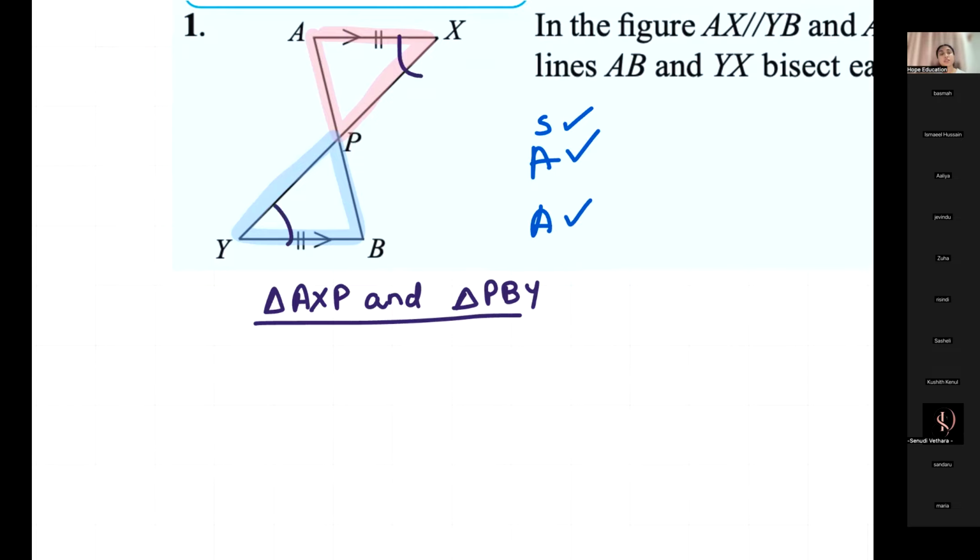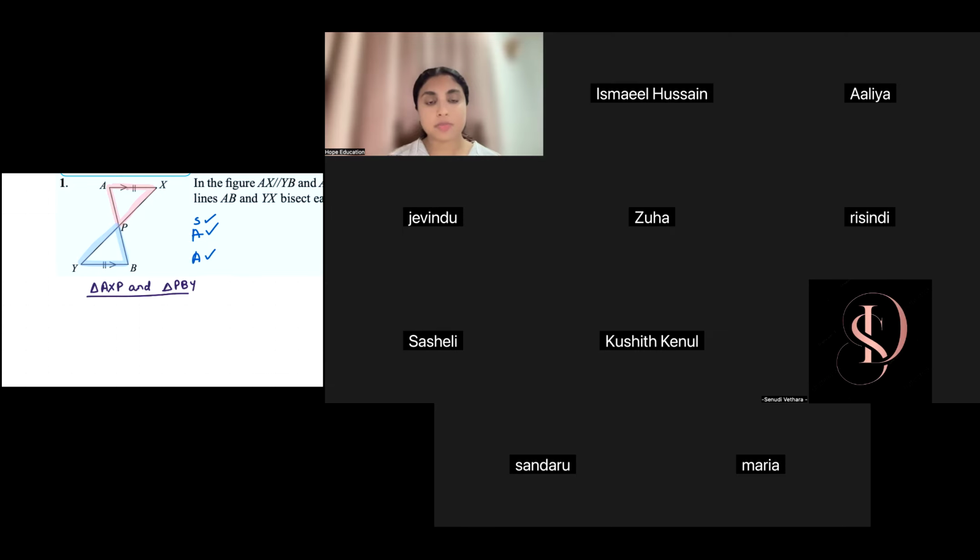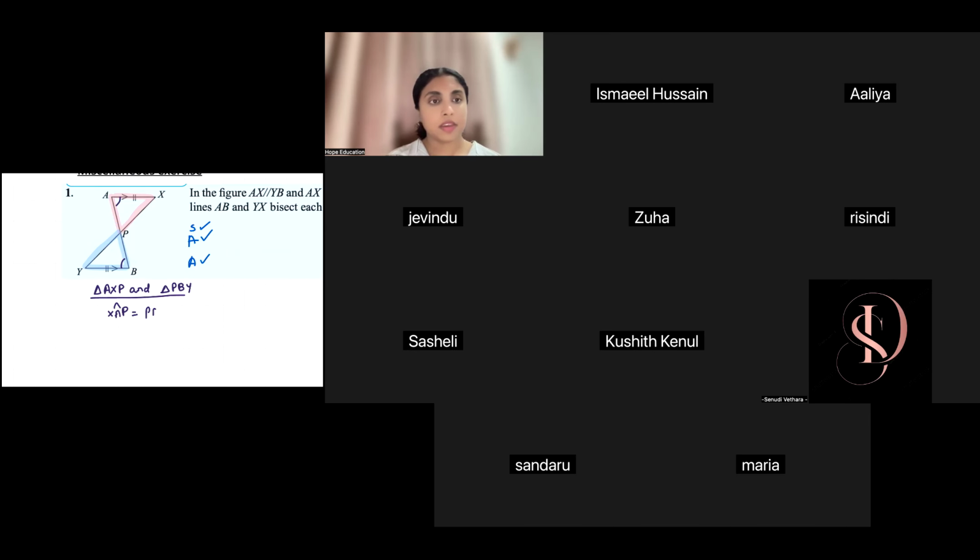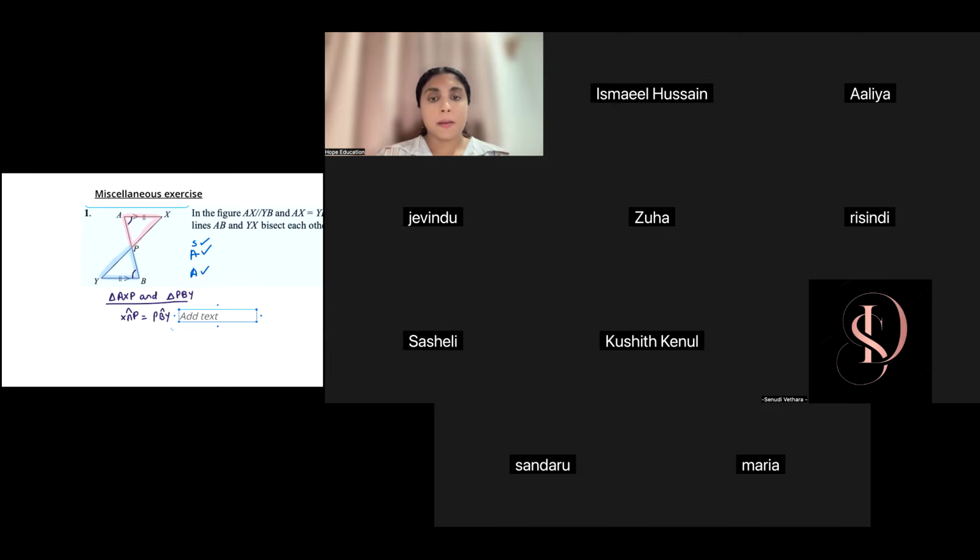And this is equal to this, vertically opposite angles. So out of the three pairs, you can use whatever you want. I will take XAP equals PBY. Reason, alternate angles between parallel lines.